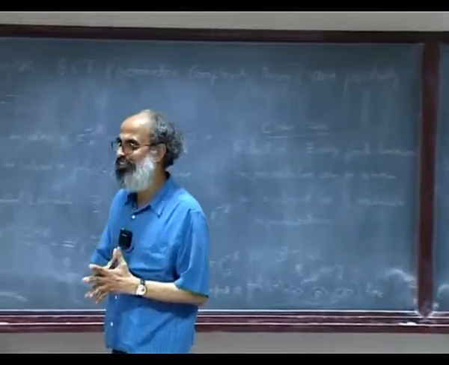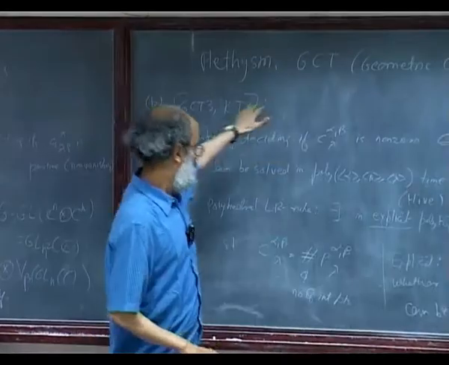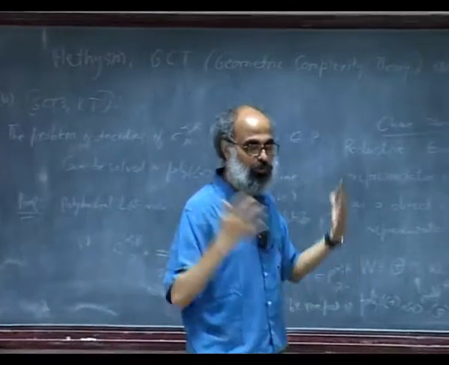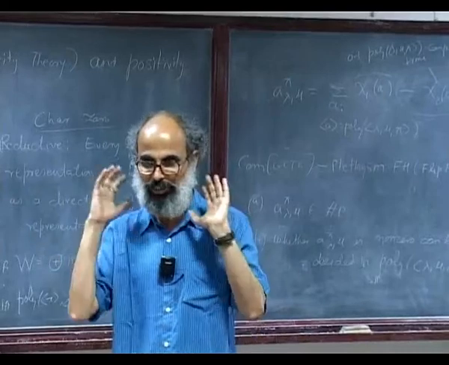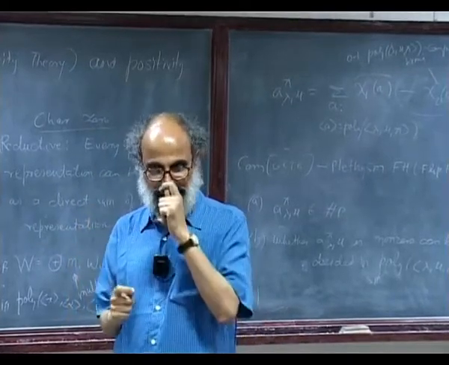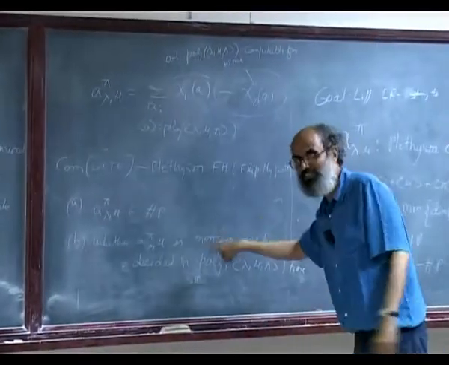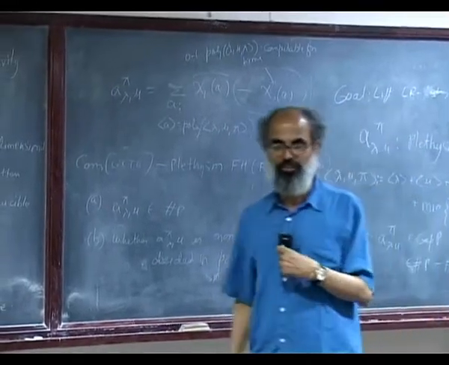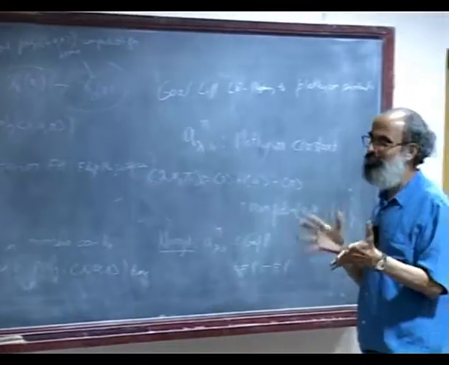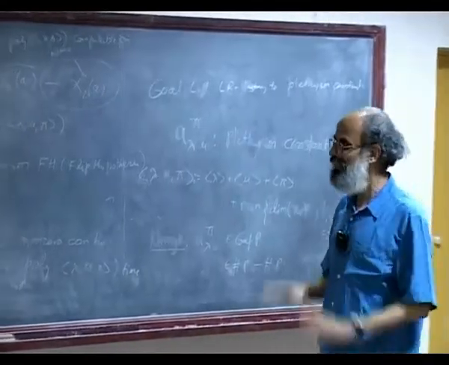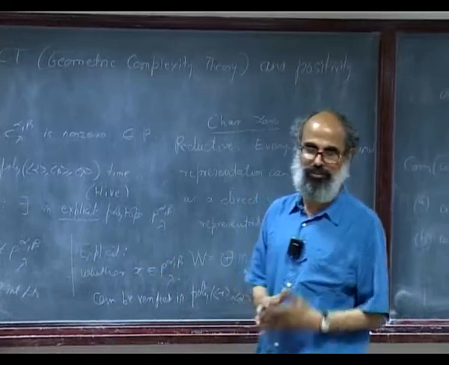In fact, the whole flip philosophy of the GCT program tries to show P not equal to NP by showing that problems of this kind can actually be put in P. To show that something cannot be done in P, the whole program is to show that some hard problems in algebraic geometry and representation theory such as this are in P. So it turns the problem upside down: to prove the non-efficiency result, to show that certain problems are inherently not efficient, you show that certain problems are actually efficient, and from that somehow you derive it.